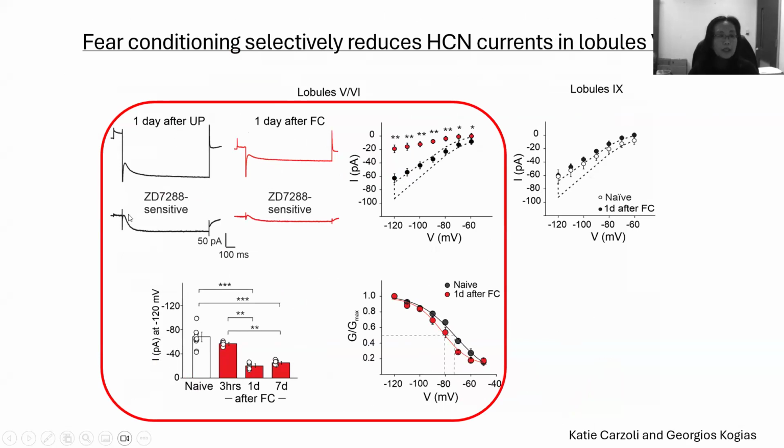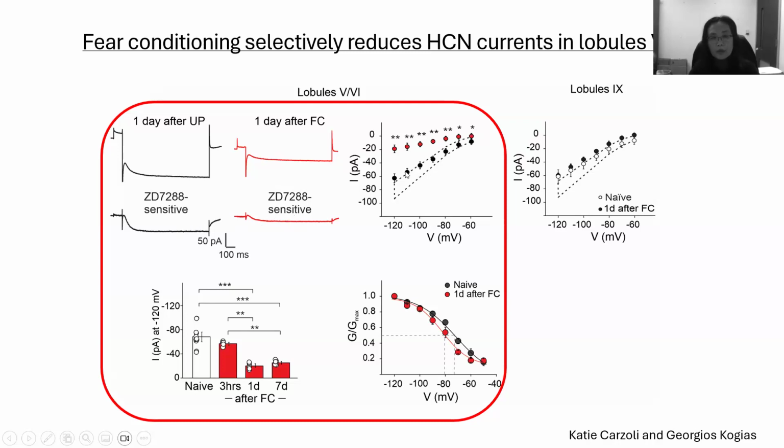And then she used ZD to inhibit the IH currents. And this is the difference between the two currents they measured. So she called this the ZD-sensitive current. That means it's IH current. So here it shows fear conditioning reduces the IH currents.